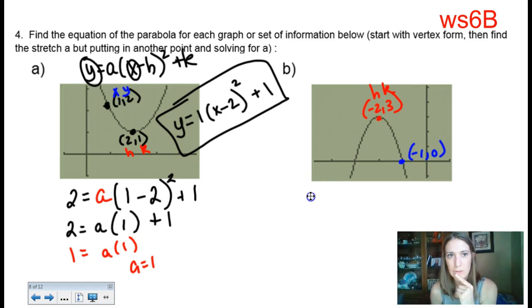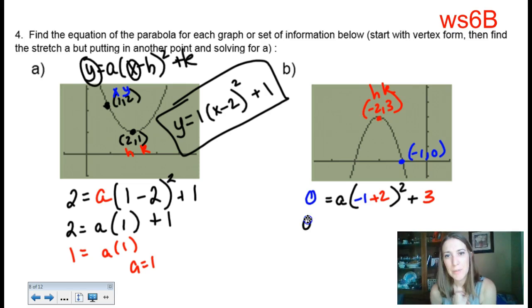So y equals, so 0, that's y, equals, I don't know a, and then I have x, which is negative 1, and then minus h. Now think about this, subtracting a negative 2 is going to become a plus 2, right? Plus k, which was 3.